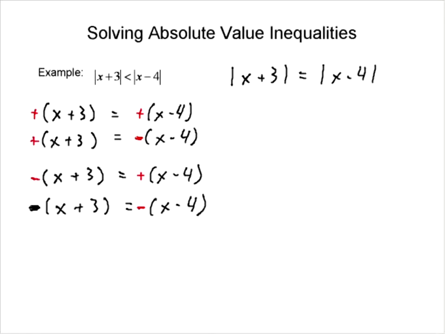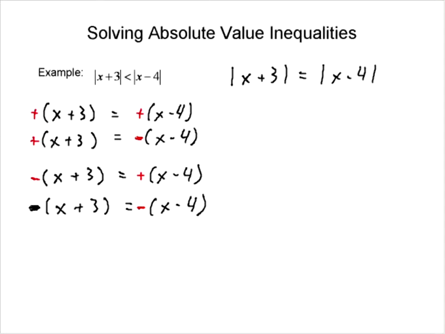Now, if we recognize, two negatives right here are the same as two positives. So this equation and this equation are the exact same. And this equation and this equation are actually the exact same too, because we could just multiply everything by a negative and get both of these equations the same. So we only have to consider the first equation and the second equation.